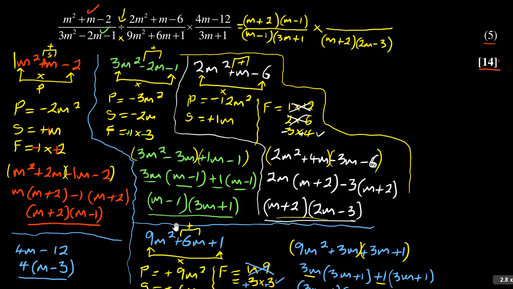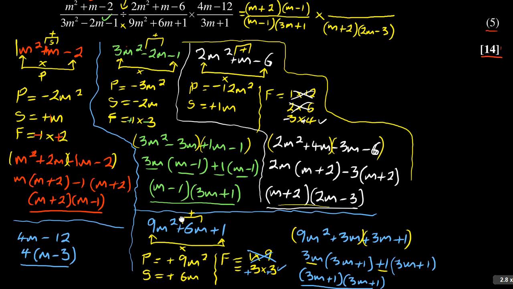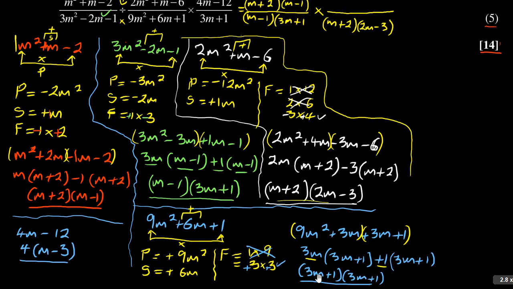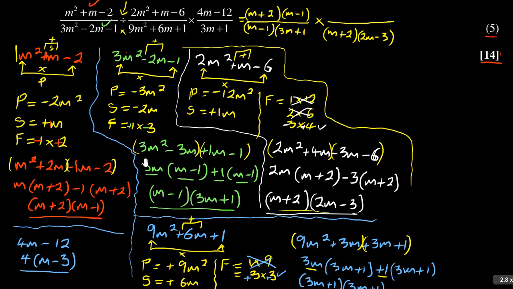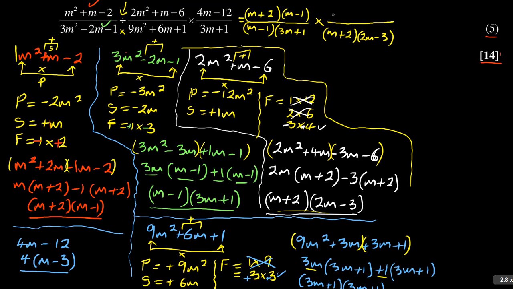And if I can check my factorized, it was 3m plus 1. Remember the 9m squared plus 6m plus 1 became 3m plus 1, 3m plus 1. So I'm going to have it as here 3m plus 1 and 3m plus 1.